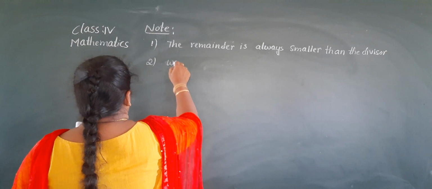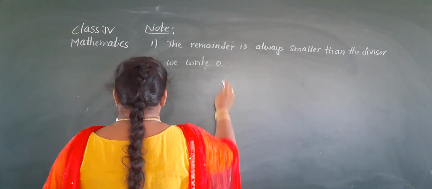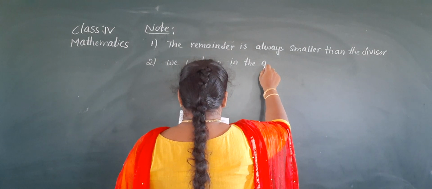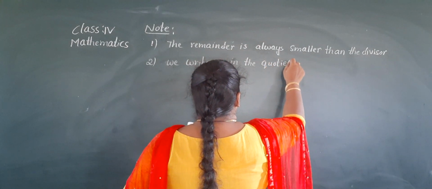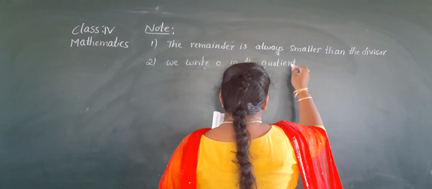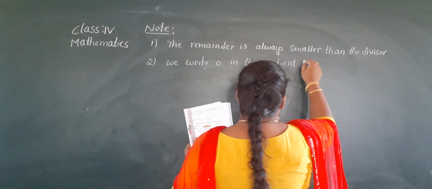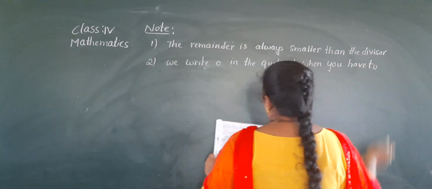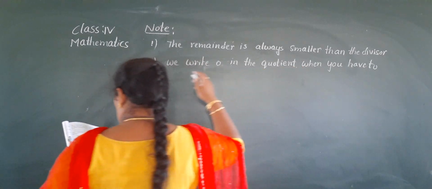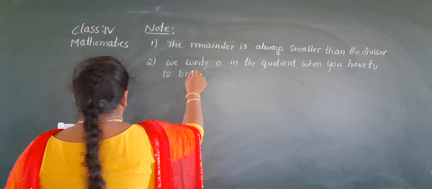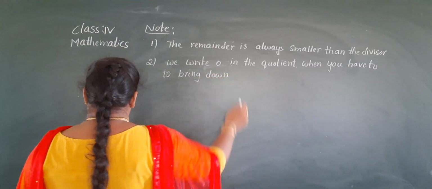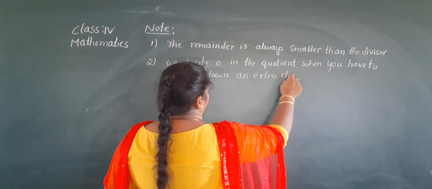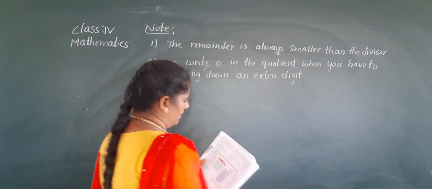So we write 0 in the quotient place. We write 0 in the quotient when you have to bring down an extra digit from the dividend.